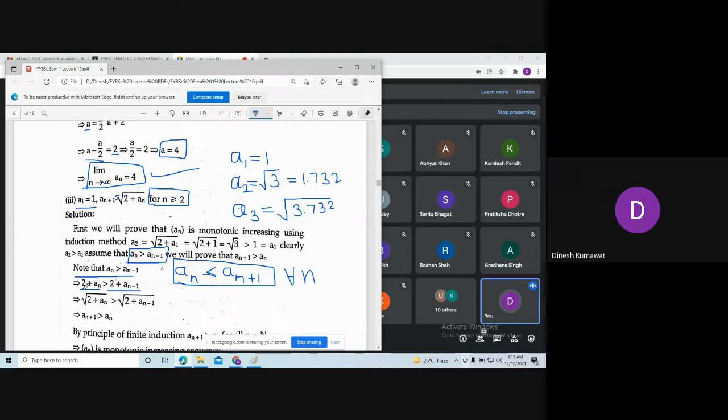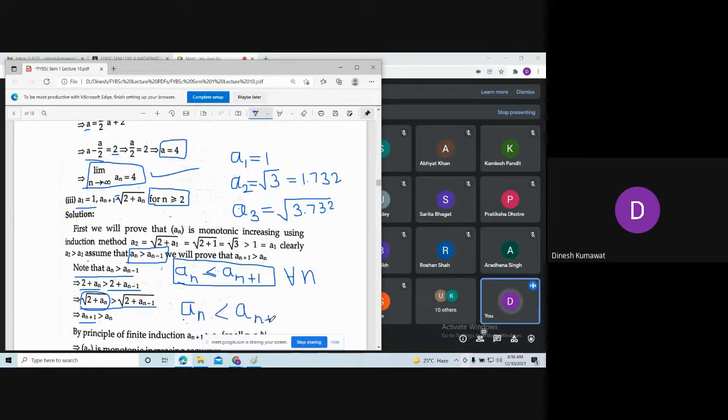Now you just take the root on both sides. So after taking the roots, the left hand side is nothing but a(n+1), and the right hand side is nothing but a(n). So here we have shown that a(n) is strictly less than a(n+1).